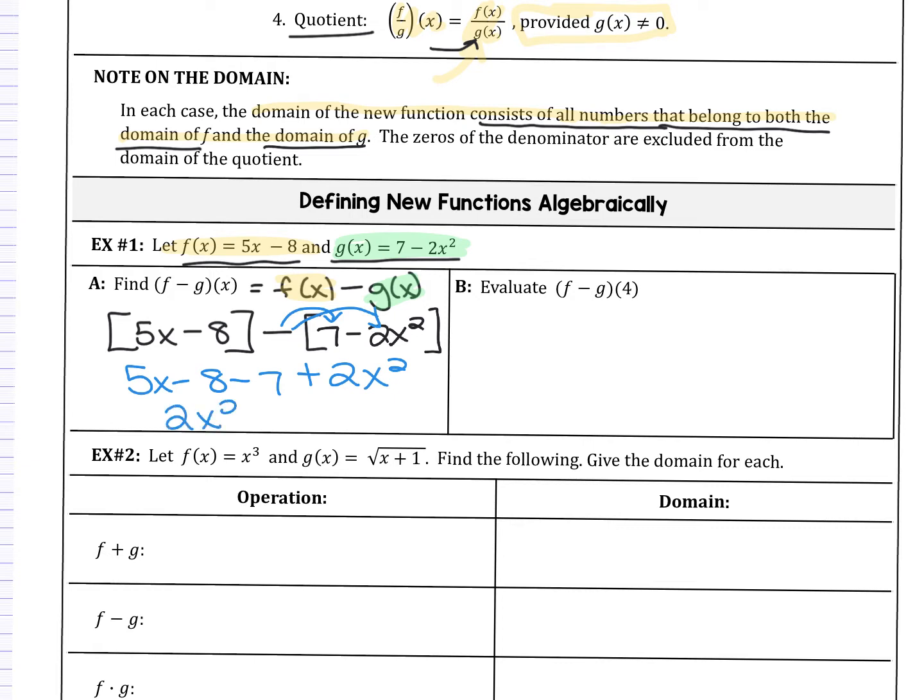So I actually get 2x squared plus 5x, right? The 2x squared goes first because it has the highest exponent, then 5x, and then negative 8 minus 7 is negative 15.